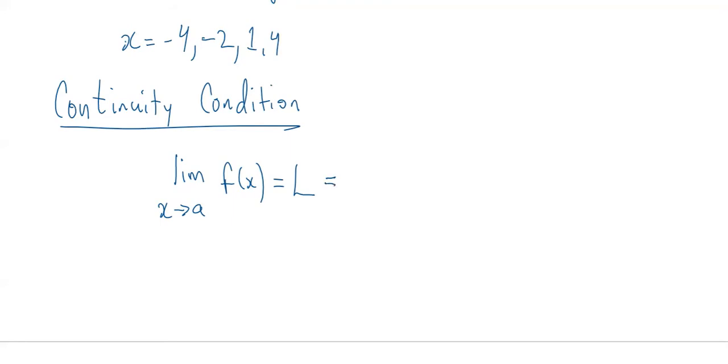And that has to equal, anybody want to guess? Once you see it, I think it'll be obvious. Very nice. F at a. It has to equal the value of the function at a, right? That's what plugs that hole.